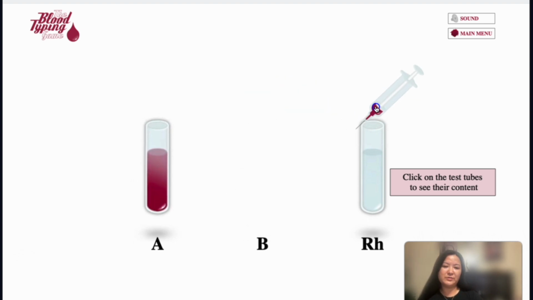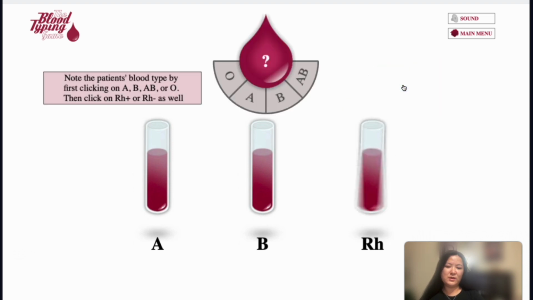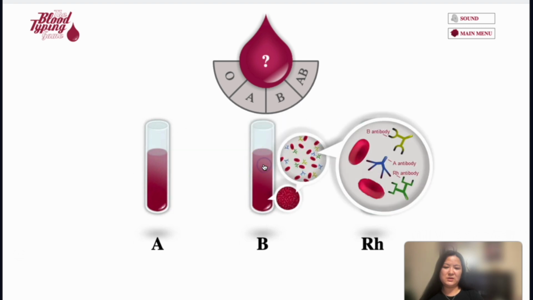So drag and drop the syringe, and it looks like this. So antibody, you can see all the antibodies: A antibody, B antibody, Rh antibody.